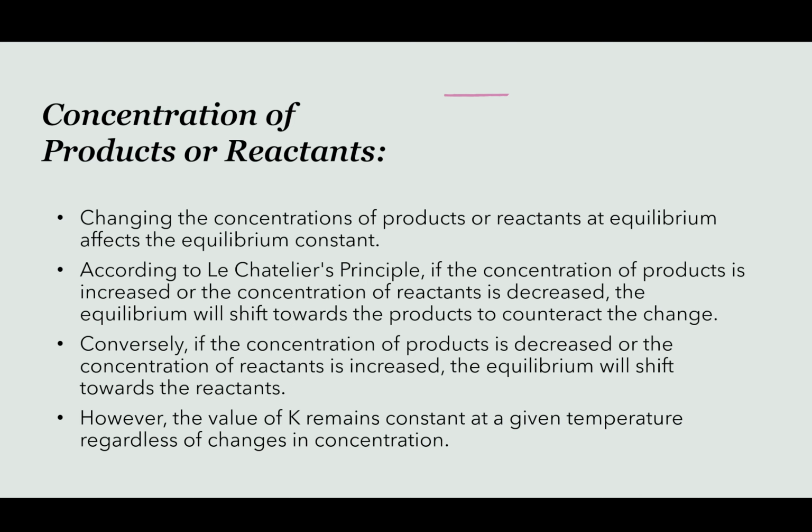Conversely, if the concentration of the products is decreased or the concentration of the reactants is increased, the equilibrium will shift towards the reactants. Notice that these slides are giving you all the information you need in bullet points. However, the value of K remains constant at a given temperature regardless of the change in concentration. Interesting, right? That's rather interesting.